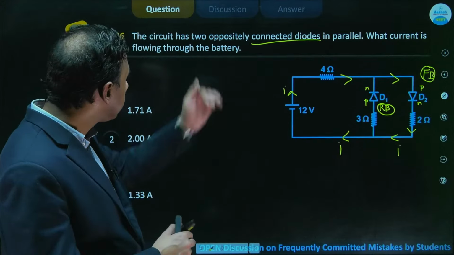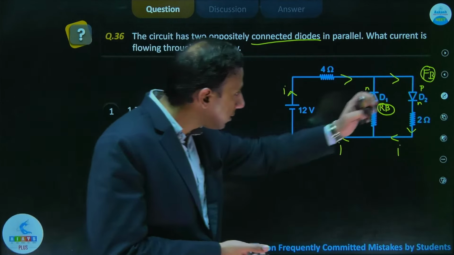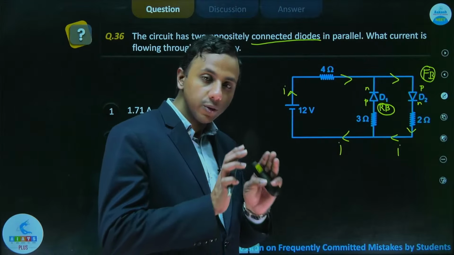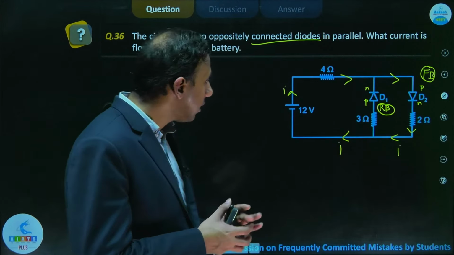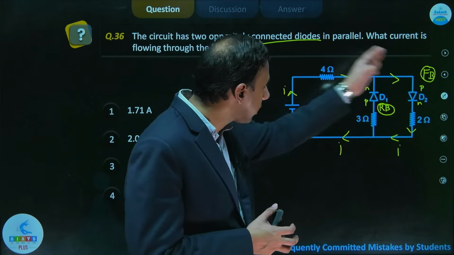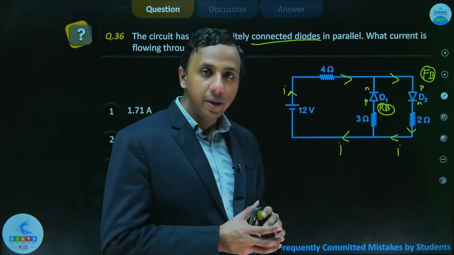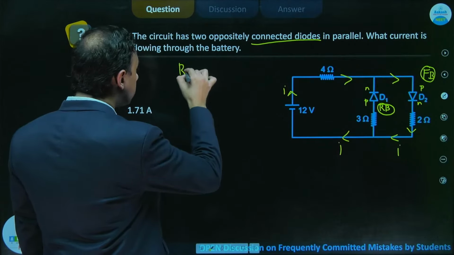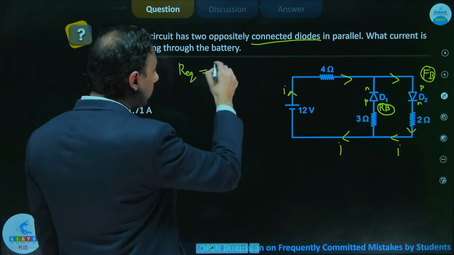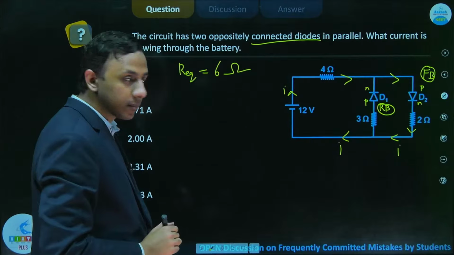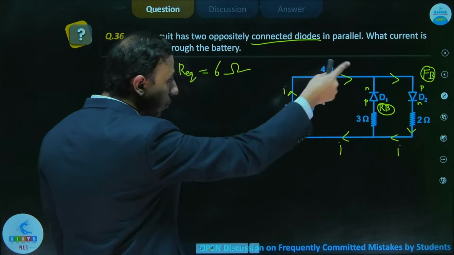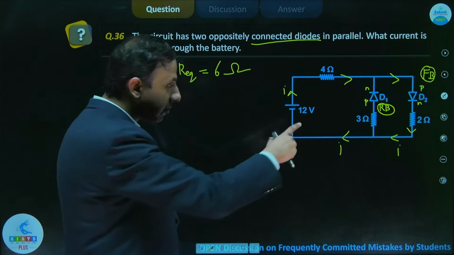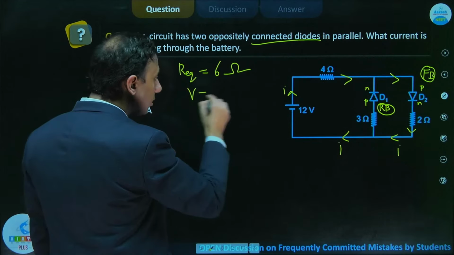Okay, and since nothing is given, let's take this D2 to be an ideal diode. So it's offering zero resistance, right? So if you see over here, this circuit, 4 ohm and 2 ohm will be in series connection. Their equivalent resistance will become how much? 4 plus 2, that is 6 ohm, right? And the total potential difference, that is the EMF of this battery, that is 12 volt.